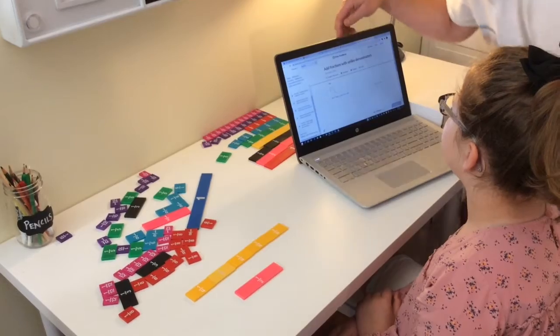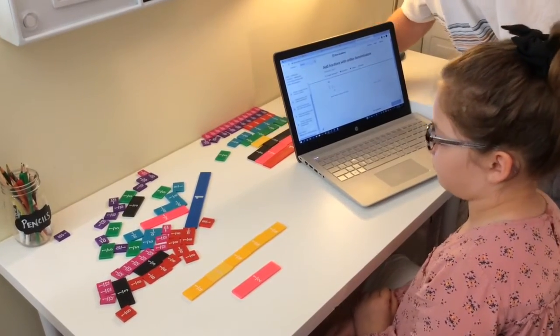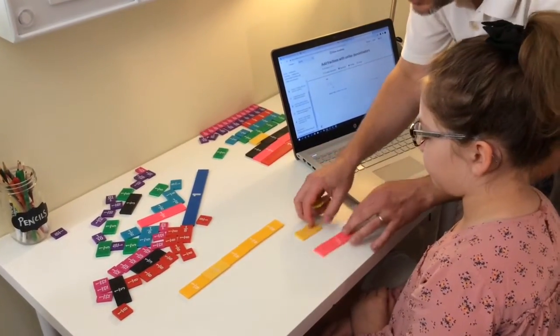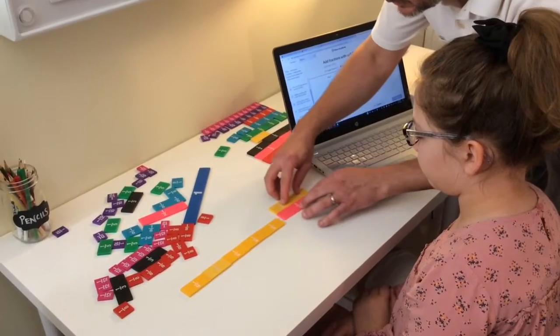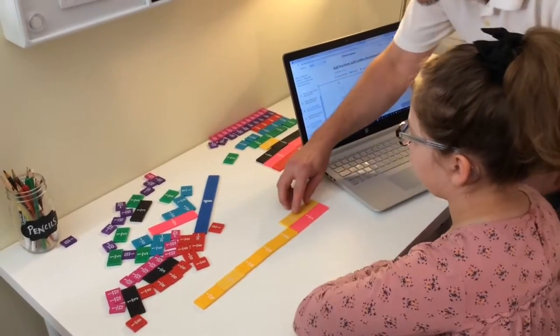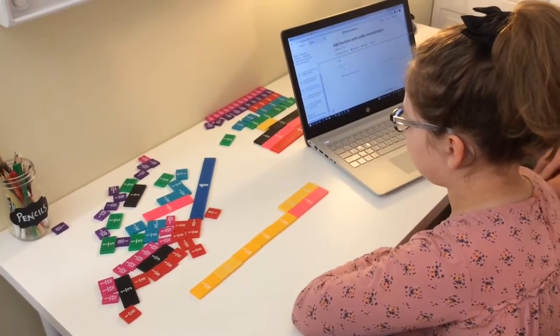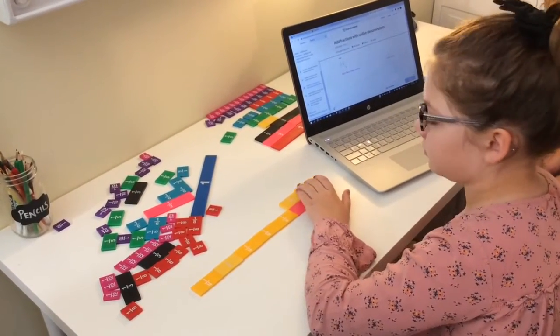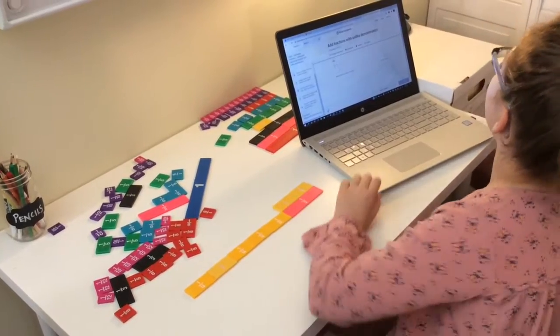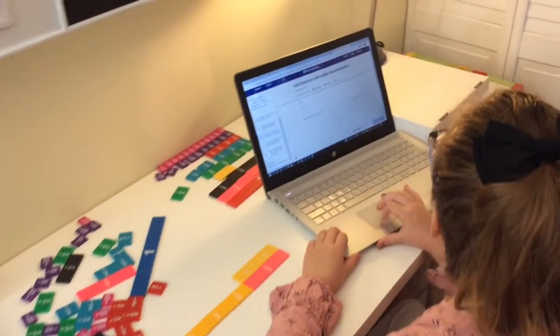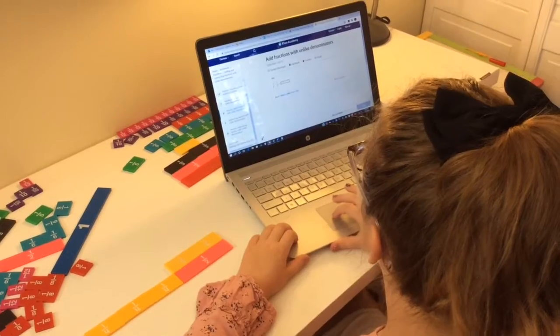Okay, so we're using your tiles. You need 2/4, right? And that is the same thing. So you can kind of see that's all together, right? So now you've got 5/4 plus 2/4 equals 7/4.